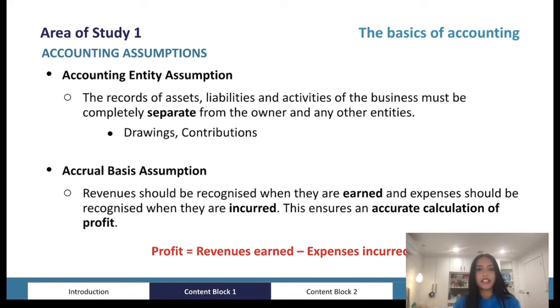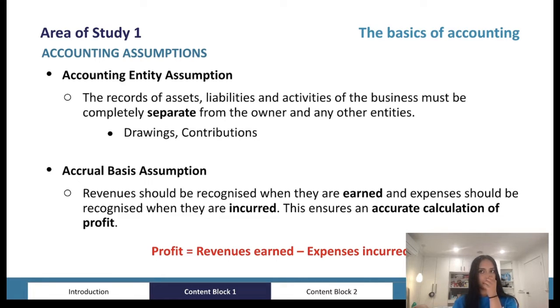And this comes down to why we record drawings and contributions. The whole purpose of recording drawings that the owner takes out from the business, and contributions, for example cash contributions that the owner makes to the business, is that the owner and the business are 2 separate entities. So we have to treat transactions between them as if it was a transaction with any other entity.